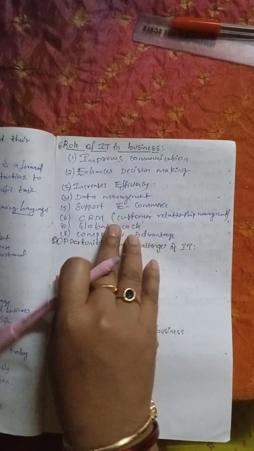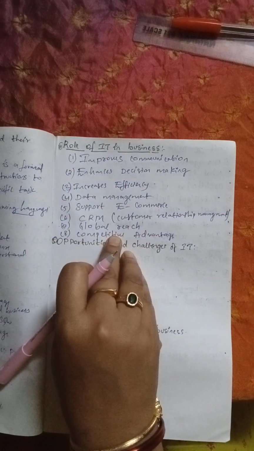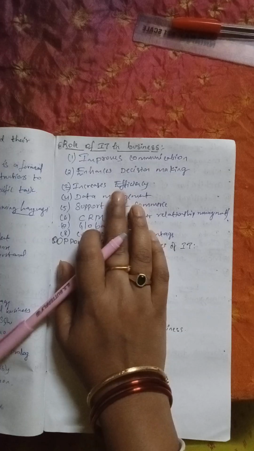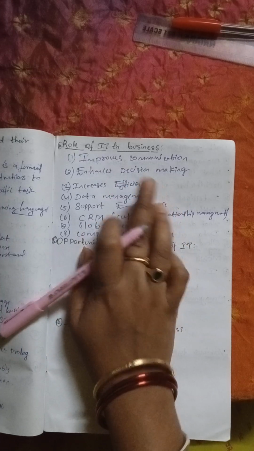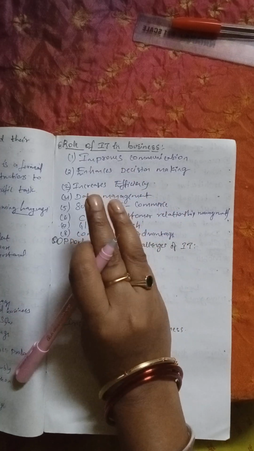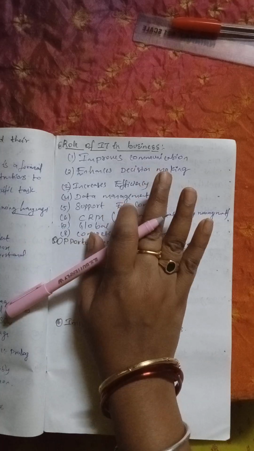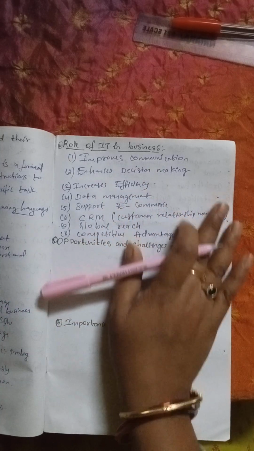All this we can use. So it is one of the competitive advantages. This is the role of IT in business. So write each and every side point and try to write 3 to 4 lines, so you will get full marks. Okay.